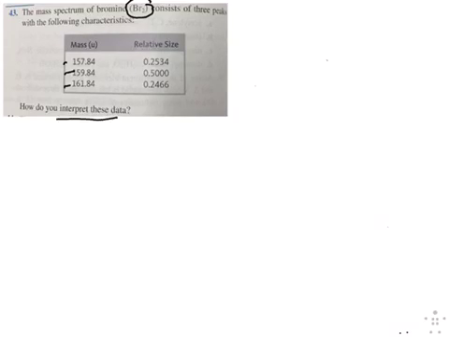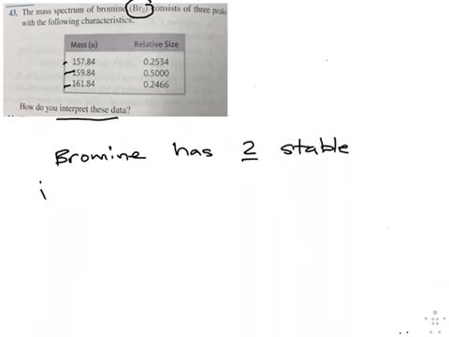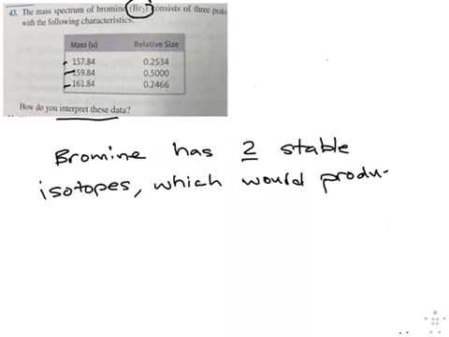So if I'm interpreting this data, I would say that bromine has two stable isotopes, which would produce three peaks on a mass spectrum.